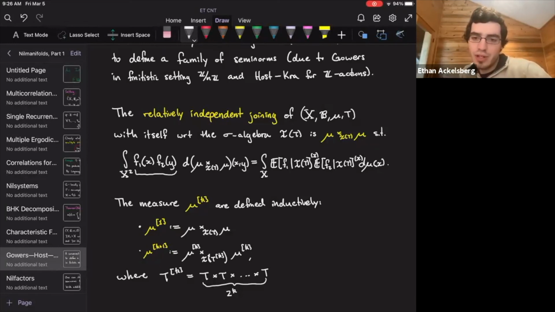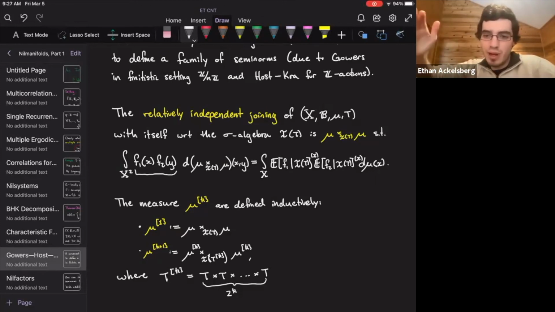And so you can maybe believe that this is going to be telling you something about the structure. You start with invariant things, and then you're getting more and more structure of things that are not invariant, but somewhere sort of low down in complexity.